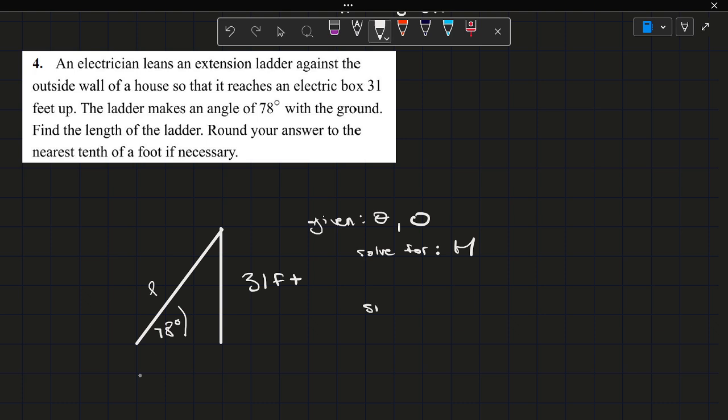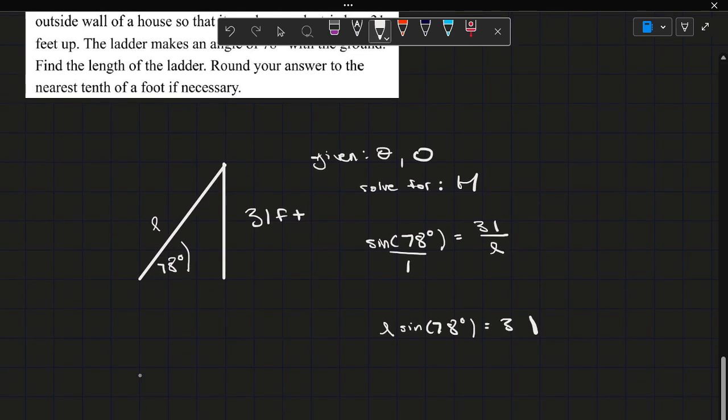So it's going to be sine of 78 degrees is equal to opposite, which is 31, over the length of the ladder. Cross multiply, and we get L times sine of 78 is equal to 31.